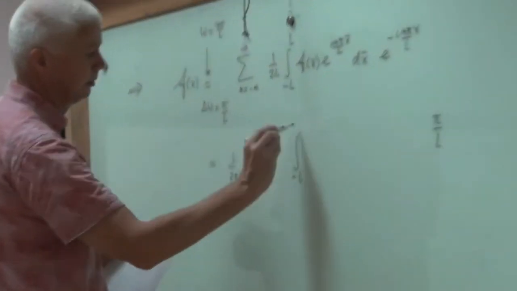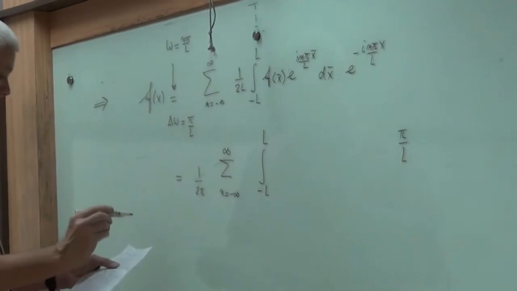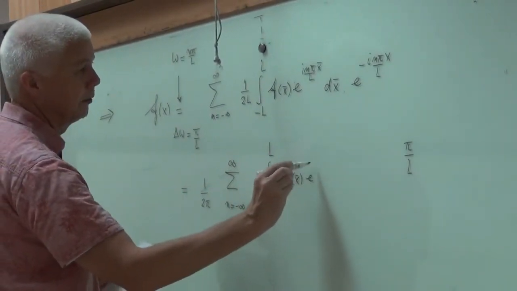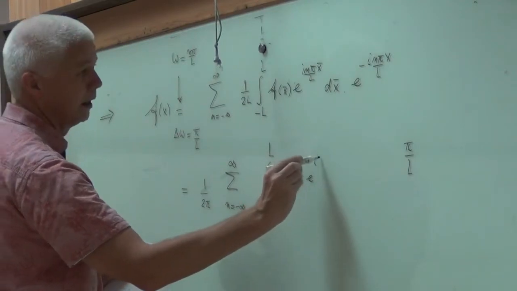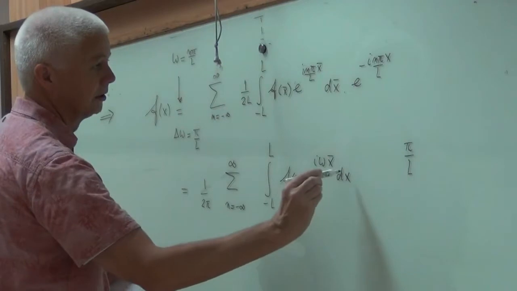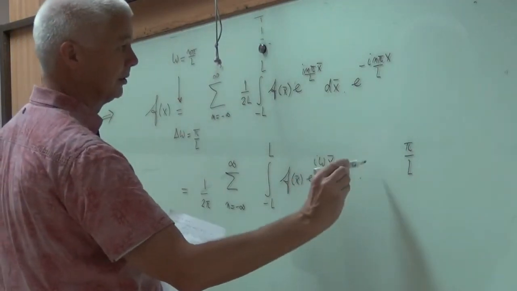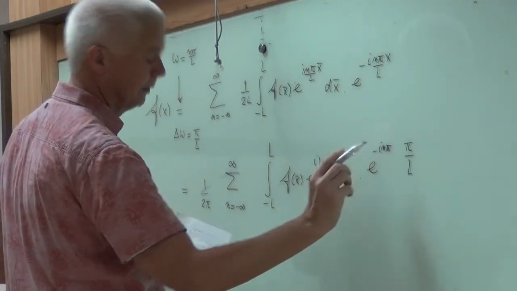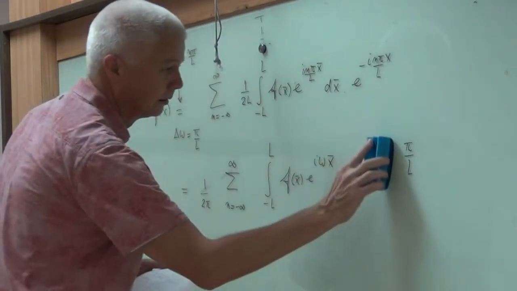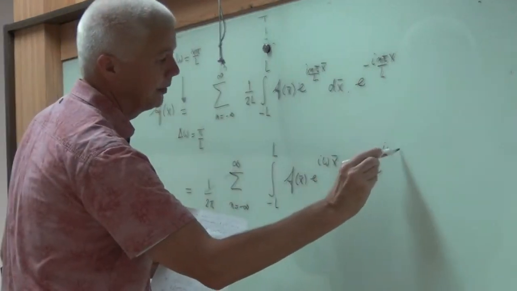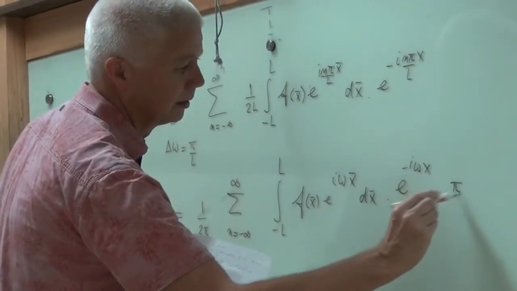Then I will get an integral from minus L to L, and I will get f of x bar e to the power I omega x bar dx bar times e to the power minus I omega x.